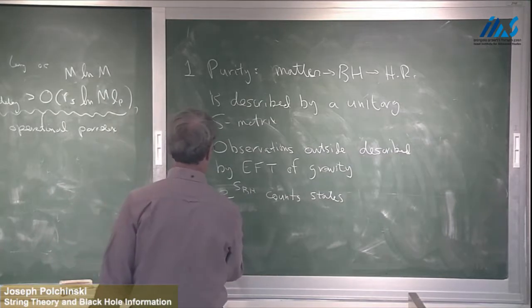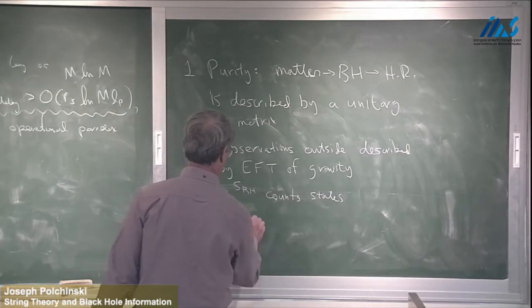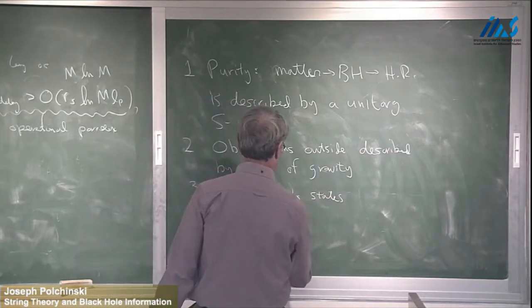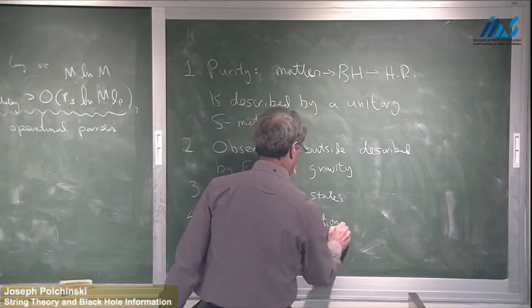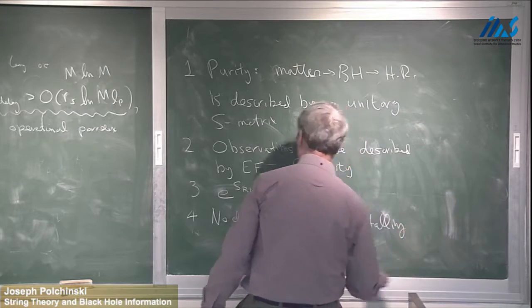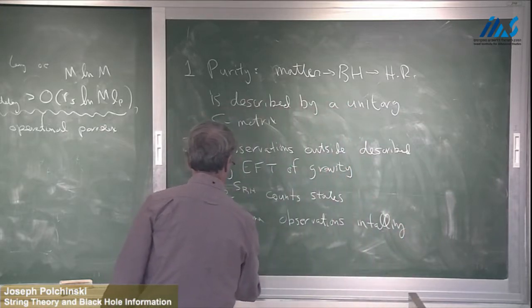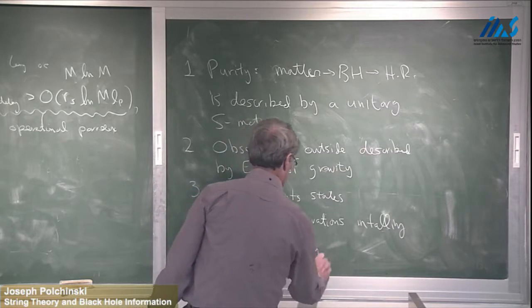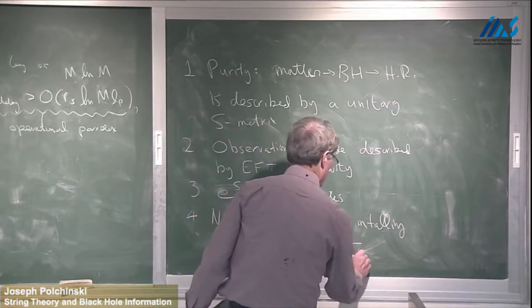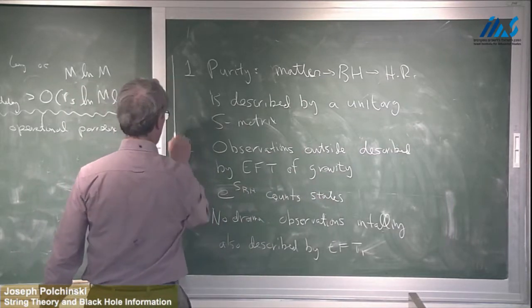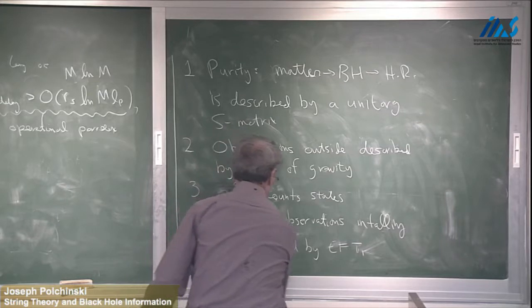So we call this no drama. Observations of an infalling observer are also described by effective field theory. Okay, so these are so important, I'll draw a frame around them.